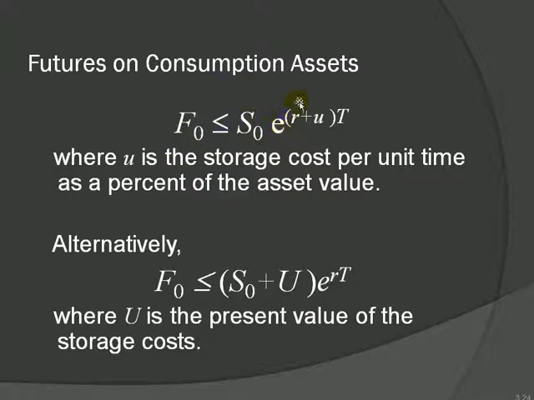Okay, so that's why we observe inequality in the case of a consumption asset, and also in a consumption asset, we observe storage cost. If storage costs can be represented as a storage yield U, then storage cost is going to be represented in this way.